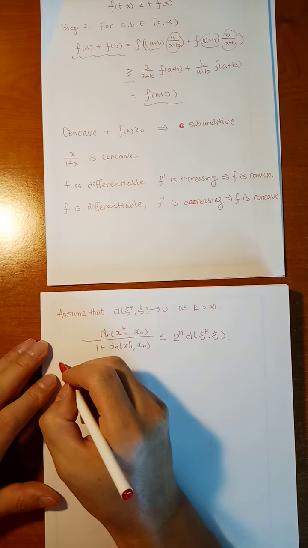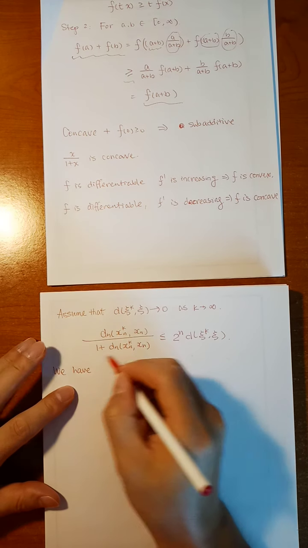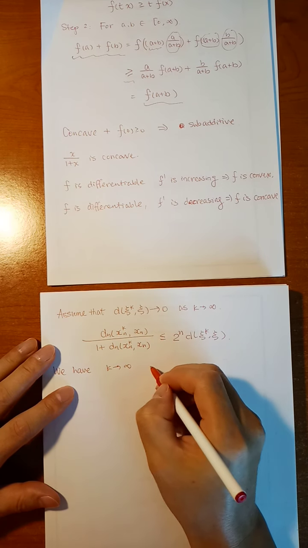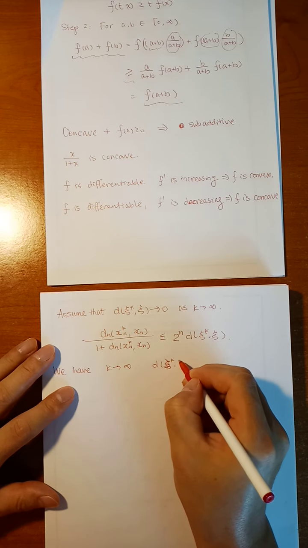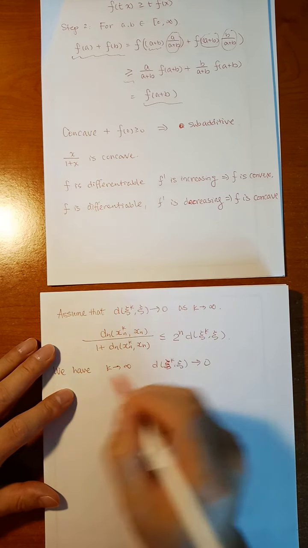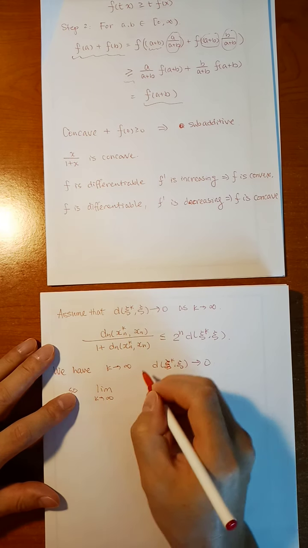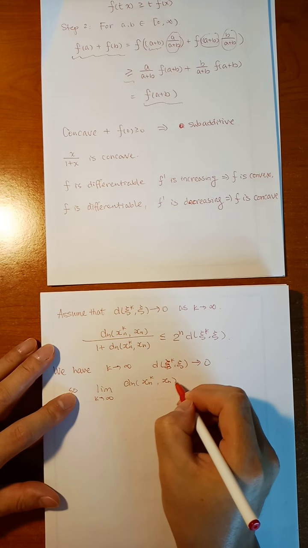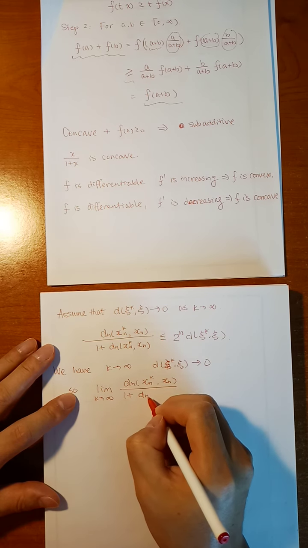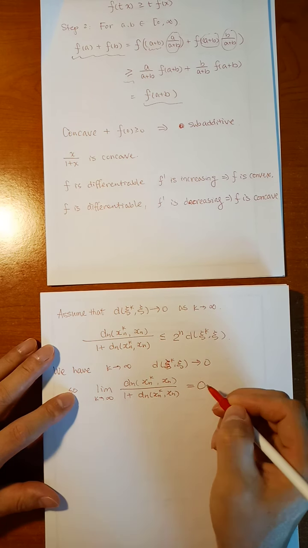When k approaches infinity, the distance of x_k and x approaches 0. So we have the limit as k approaches infinity of d_n(x_k^n, x^n) over 1 plus d_n(x_k^n, x^n) is 0.